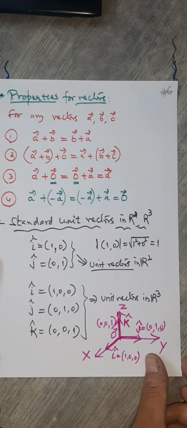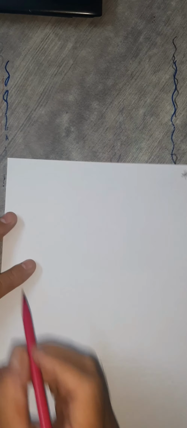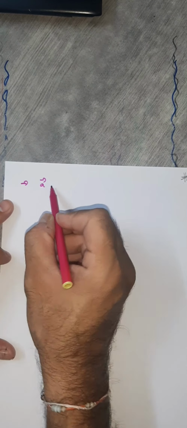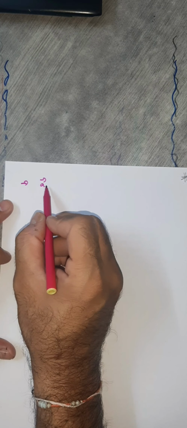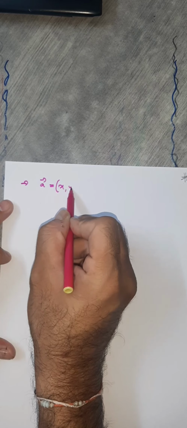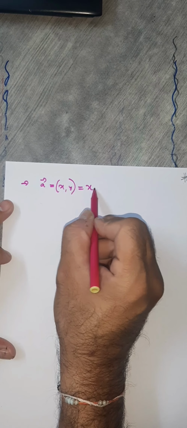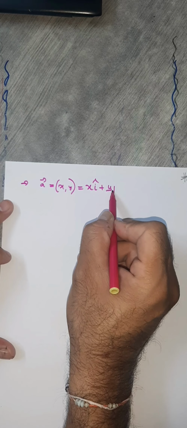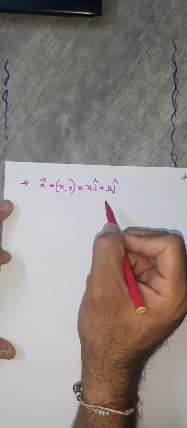Now with this concept here, if I have any vector in general, if I have vector A with position vectors equal to x comma y, then we can write this as x i cap plus y j cap in R2, remember.